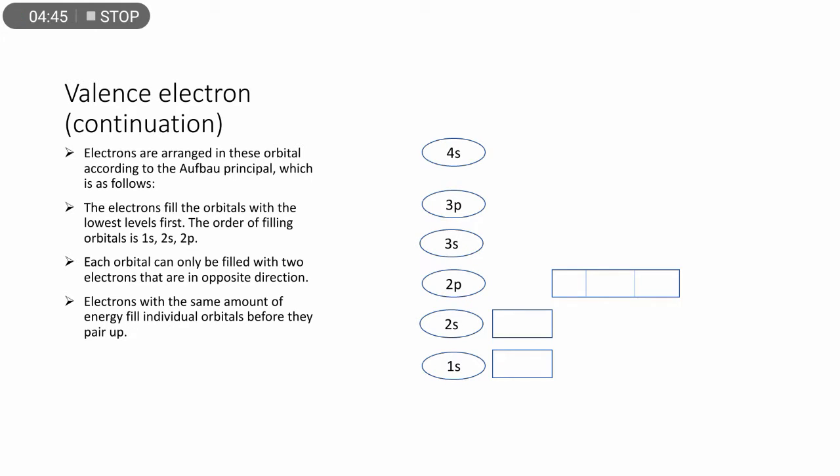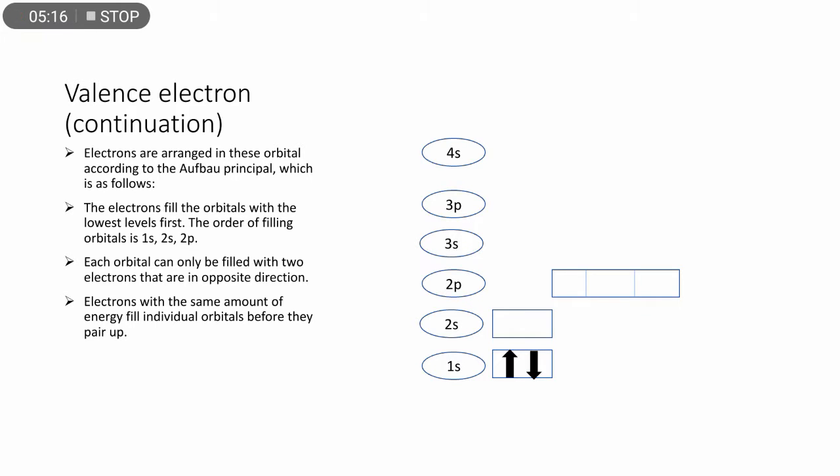The first rule says that electrons fill the orbitals with the lowest energy first, in the order of filling 1s, 2s, 2p, 3s, 3p, 4s. So it will fill its orbitals like this.